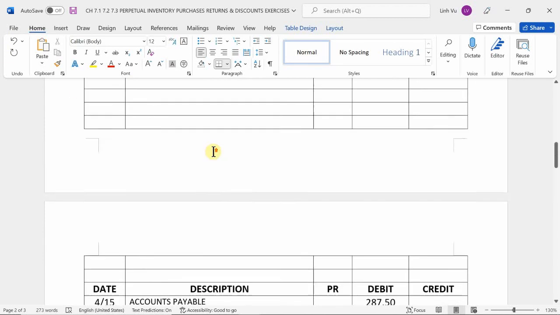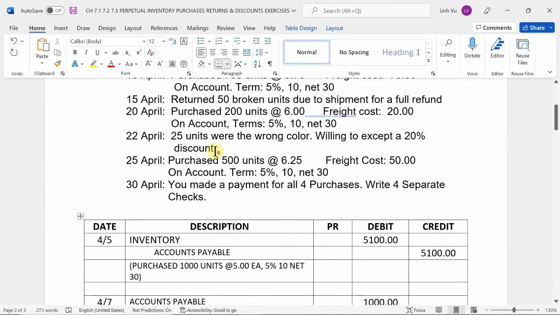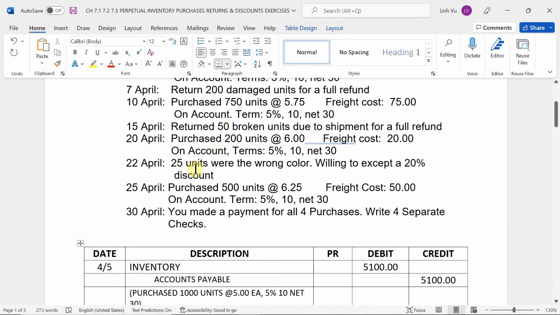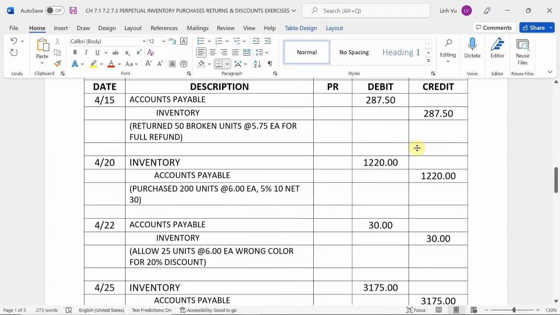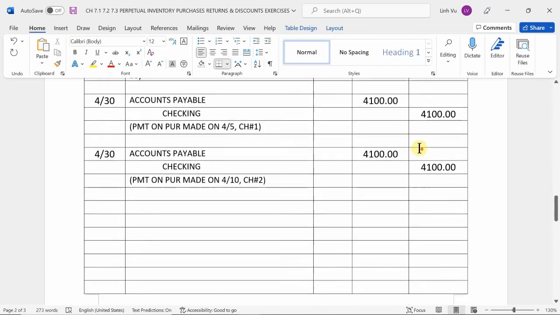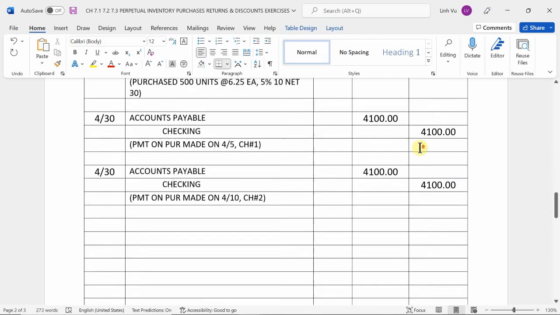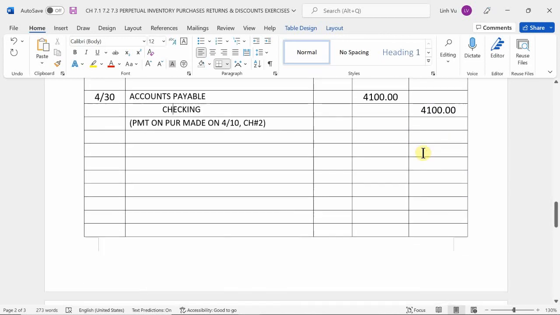So let's take a look at the original scenario so we know how much the actual freight was. If I purchase 200 units for $6 each, with the freight costing $20, then 20 of those dollars cannot be discounted. So I'm looking at what, $11.70? Yes. So what is 5% of $11.70?